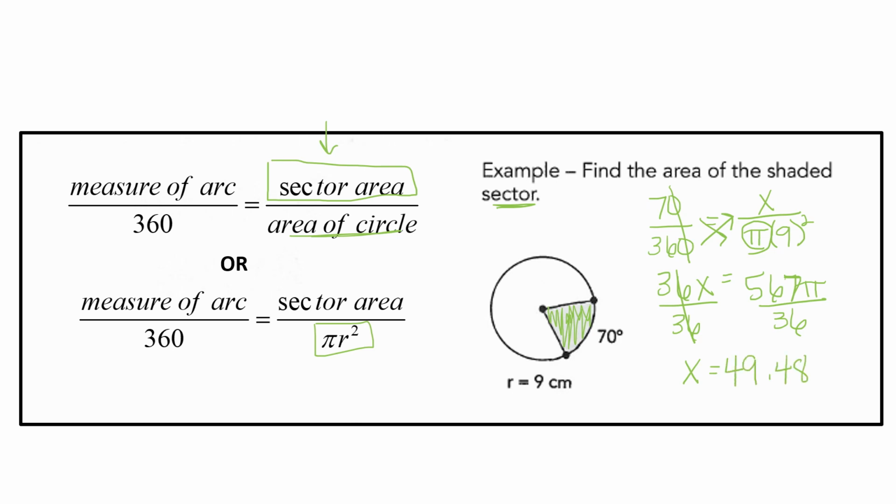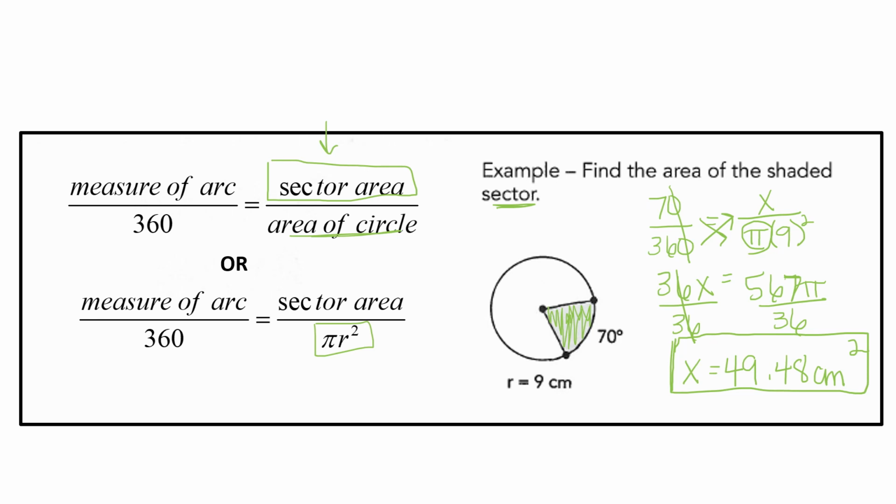I would make sure that you are doing it with me, even though sometimes you may not, because that way you know at least you're using your calculator correctly for when you jump in and try to do your assignment. So again, since we're finding area, I am going to have a good label of centimeters squared. So this chunk of pizza, this chunk of the circle, has an area of 49.48 centimeters squared.